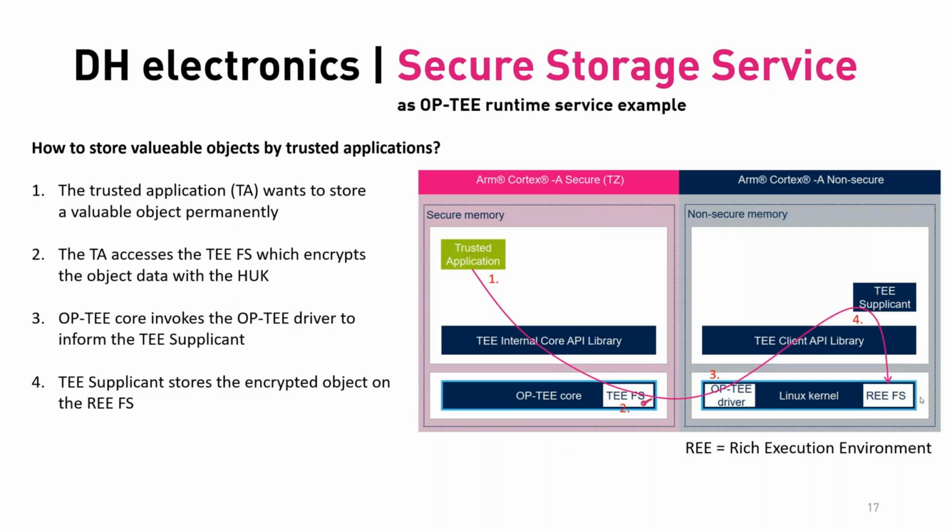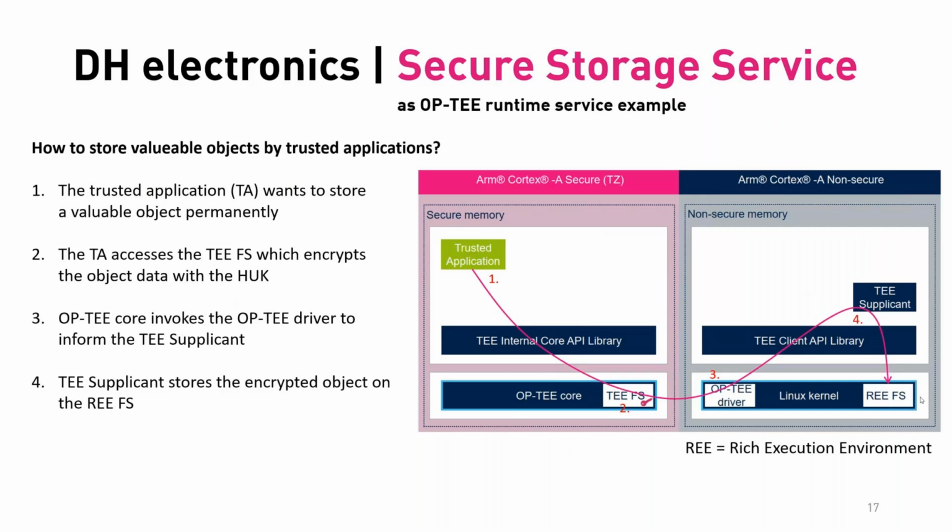The key on the right bottom should make clear that this information gets encrypted by the TFS driver, and after the encryption happened, the data is transferred to the unsecure world or non-secure world.